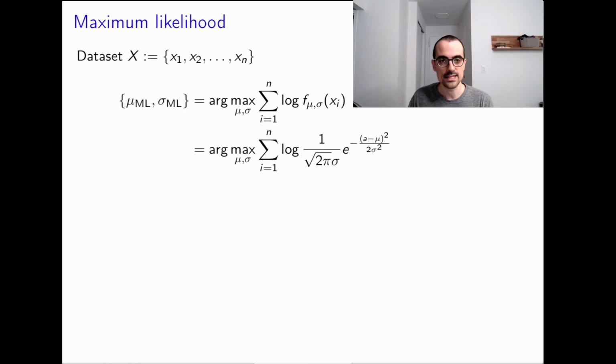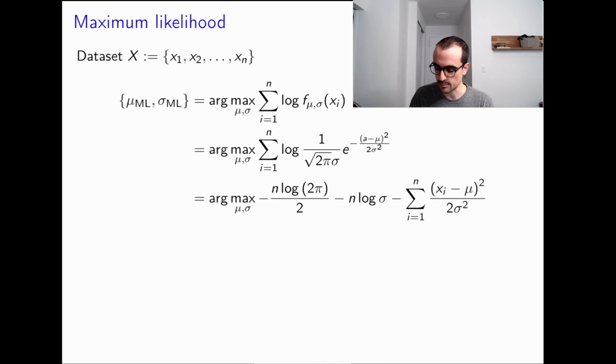The way we do this is by maximizing the log likelihood. Here we have to plug in the density as a function of the mean parameter and the standard deviation parameter. And if we do that, we get this expression. If we maximize this expression with respect to mu, you can check, take derivatives, set the first derivative to 0 with respect to mu.